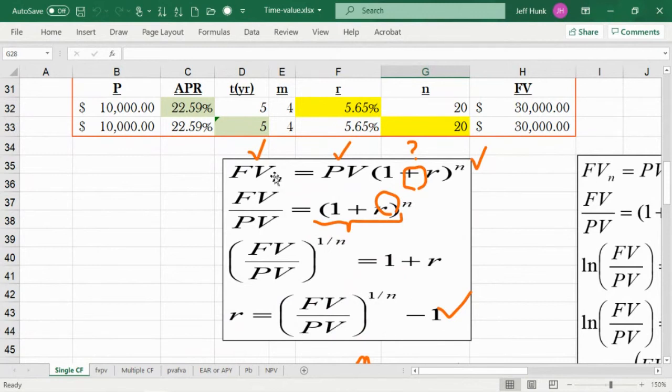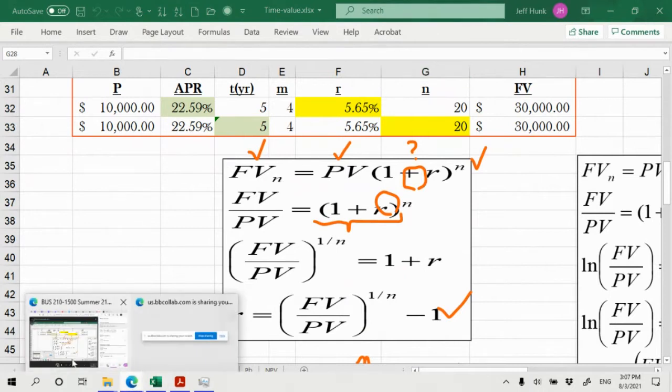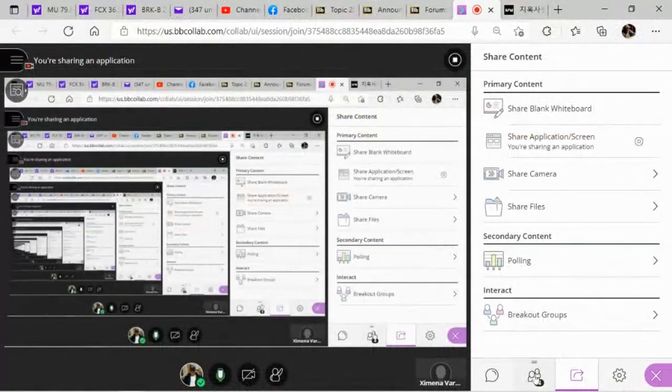To understand the steps of derivation, how the formula is derived, you first need to understand the properties of exponents, the properties of power, right? Power functions.